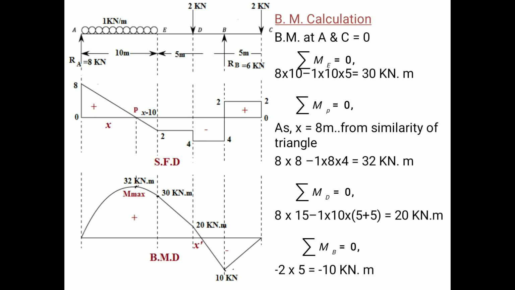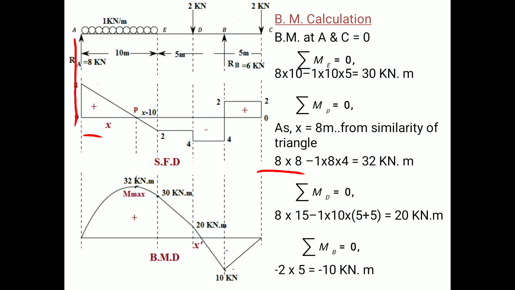Now we have moment at P, summation of moment at P equal to 0, and at that point we will get the maximum value of bending moment because shear force is 0 at that point. Therefore we have 8 into 8. Why 8 into 8? Because the reaction is 8 and at point P, that is x distance is 8 meter.